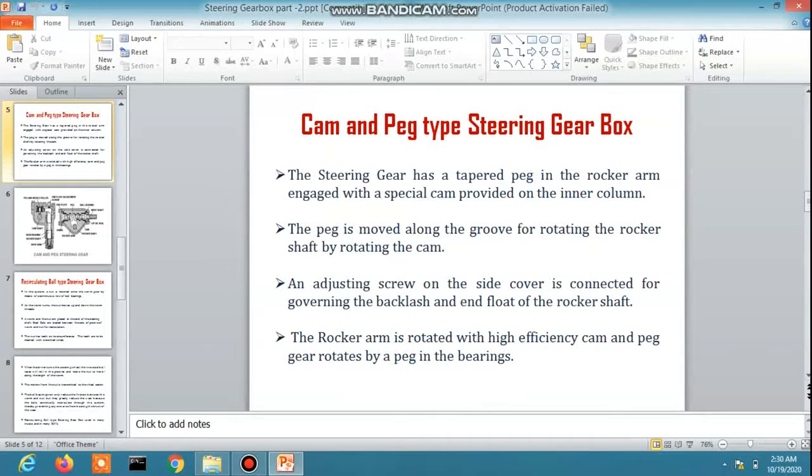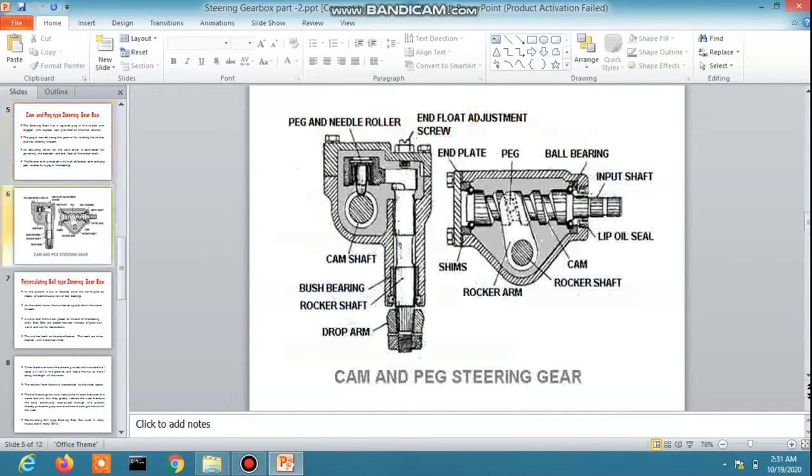An adjusting screw on the side cover is provided for adjusting the backlash and end float of the rocker shaft. The rocker arm is rotated with high efficiency by the cam and peg gear rotated by a peg in the bearing. So this is the picture of the cam and peg type steering system.